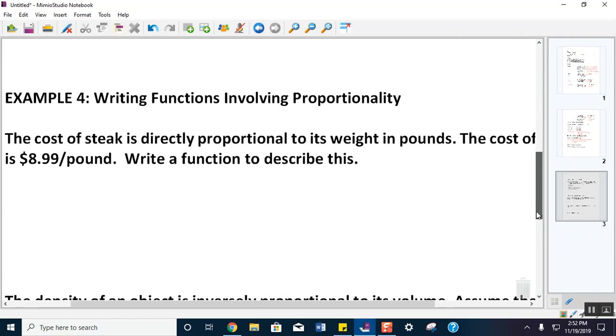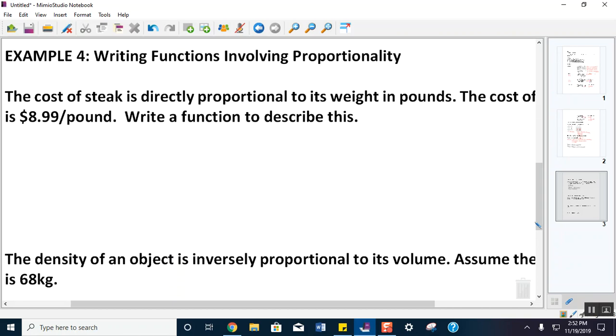All right, last example here. Let's write some functions. This is pretty simple. Writing functions involving proportionality, okay? The cost of steak is directly proportional to its weight in pounds. It says the cost is how much, kids? $8.99 per pound. We need to come up with a function to model this, okay? Is this inversely proportional or directly proportional?